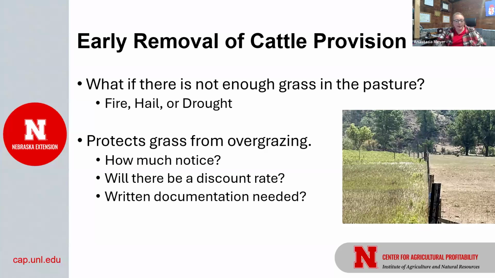So if I'm having a pasture lease, I need to have in there that if the grass is not sustainable, do I have the ability to remove those cattle to pay a portion of that rental rate to the landowner? And then how much notice is given?